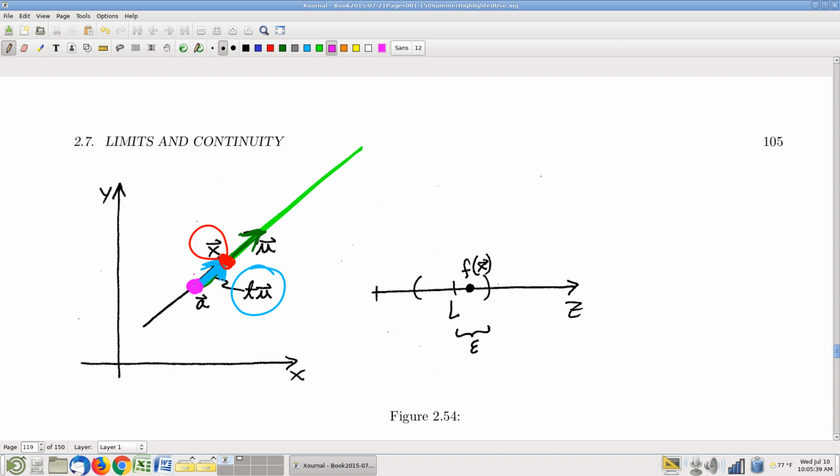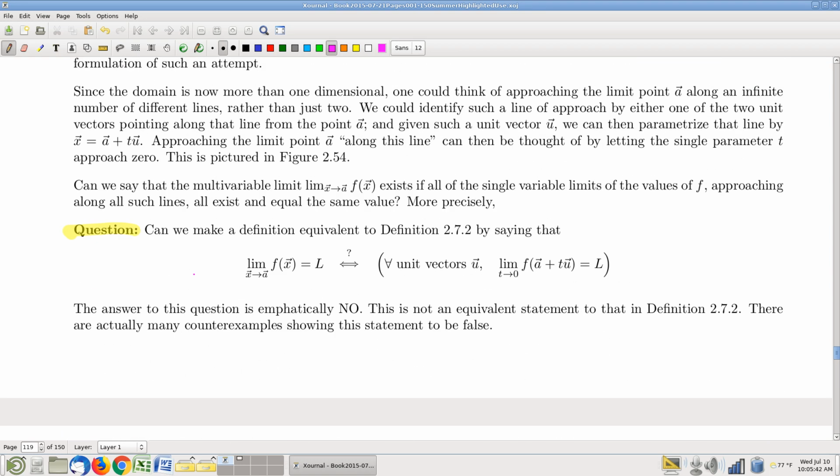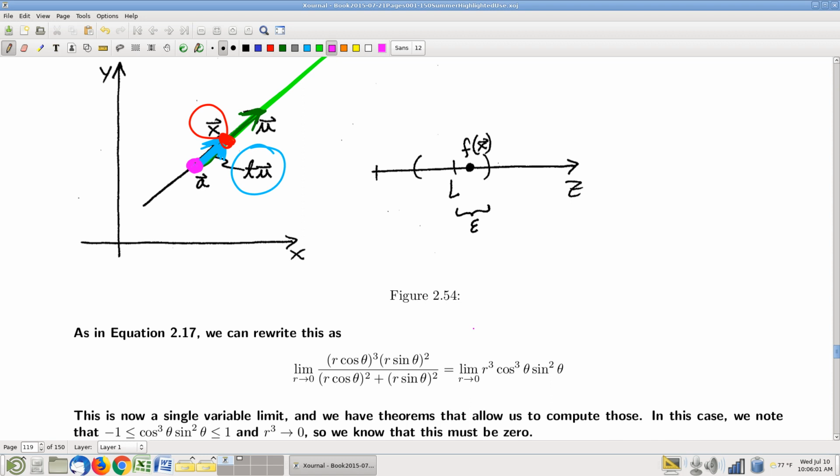So why can't I just write this? Why can't I just write a plus tu? That's the x that I'm plugging in. We'll just let this t approach 0 and check it out. My multivariable limit, I've rewritten it again as a single variable limit. Isn't that nice? And why can't I just use this definition? Now, granted, I can't just pick a single unit vector u. I've got to consider all possible unit vectors, because after all, I could be approaching from any direction.